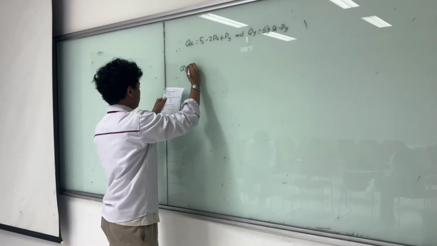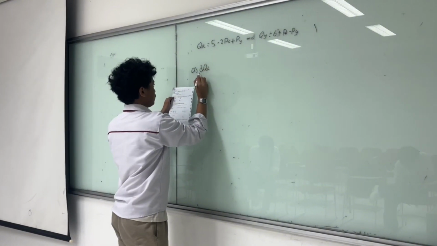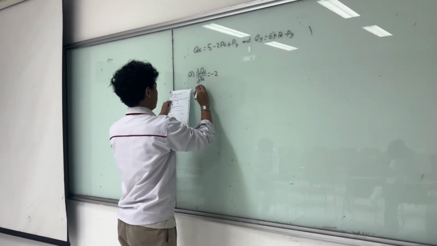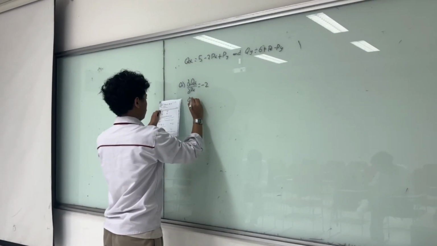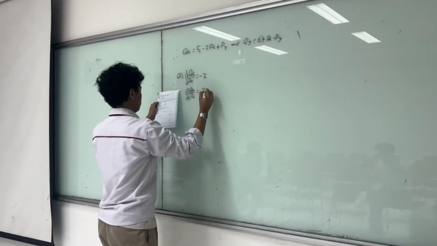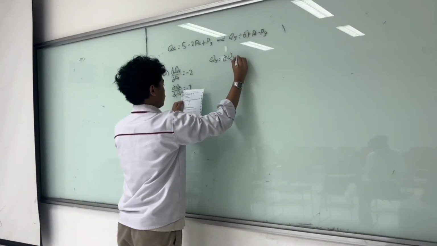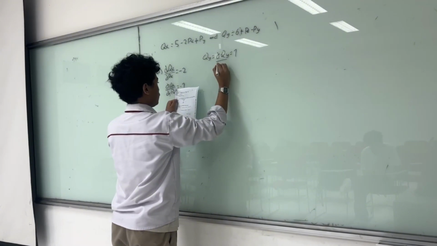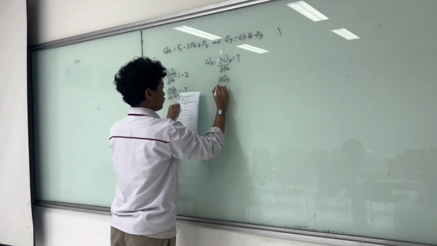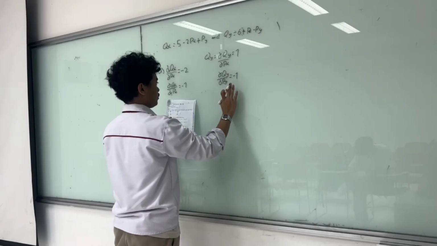So dou Qx over dou Px equals minus 2, and dou Qx over dou Py equals 1. For Qy, dou Qy over dou Px equals 1, and dou Qy over dou Py equals minus 1. Okay, so this is the answer.